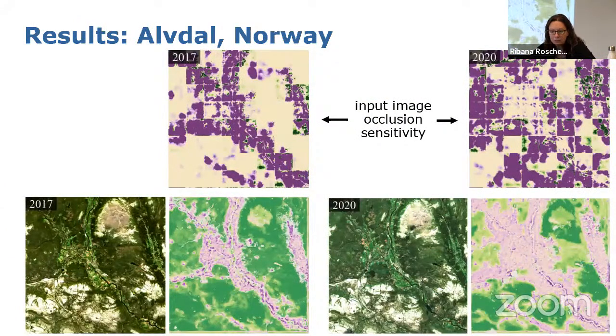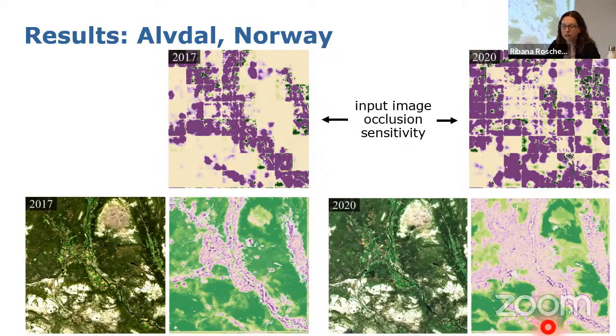And you can also have a look at different time steps. So first, let's have a look at the bottom row here. This is an area from 2017, and this is the same area in 2020. And if you look at the satellite images, I mean, it's a little bit small here, it was not so clear in the satellite image, but if you look at the occlusion sensitivity of the activation space, it turned out they changed a lot.